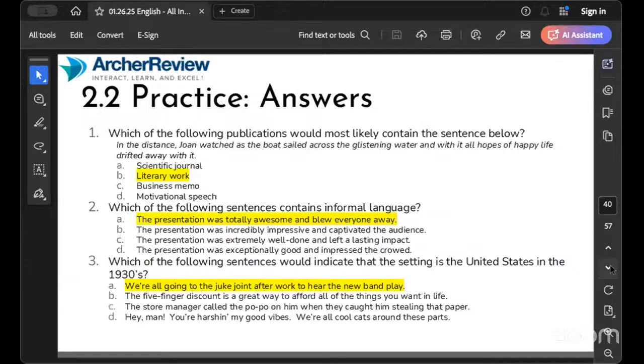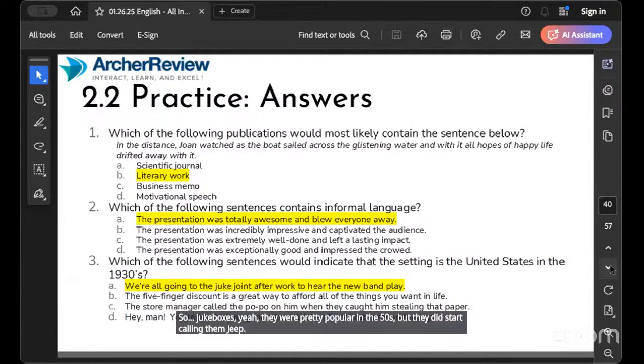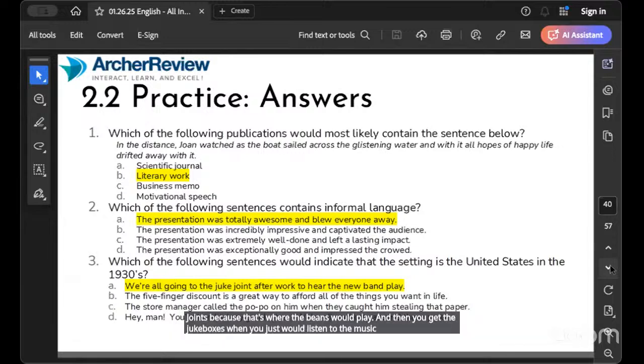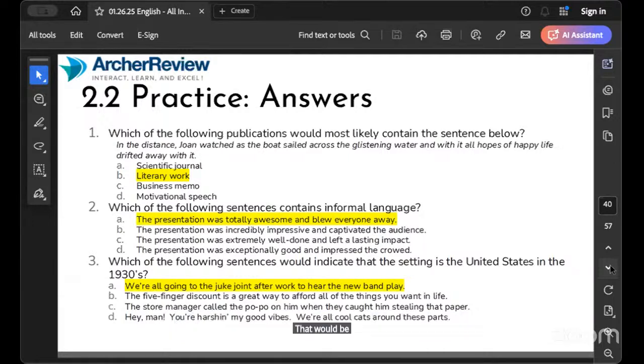Jukeboxes were pretty popular in the 50s, but they did start calling them juke joints because that's where the bands would play. And then you get the jukeboxes when you would just listen to the music on the machines. 5 finger discount, that's actually from the 90s, because that's when that came about.